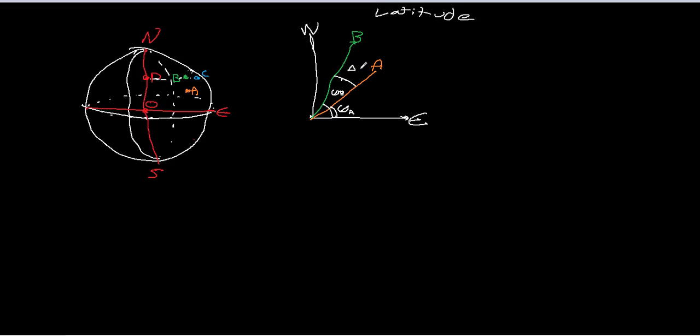So the delta sign, delta theta. And you can imagine we have an arc that connects A to B.